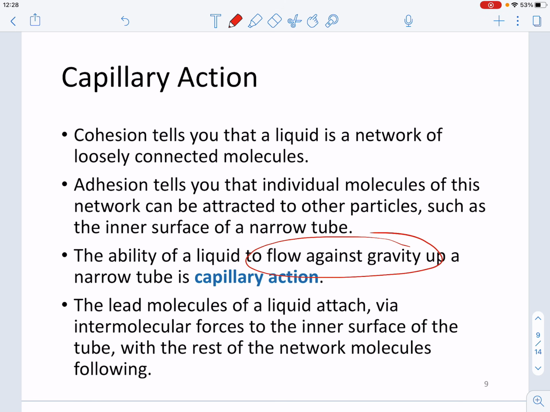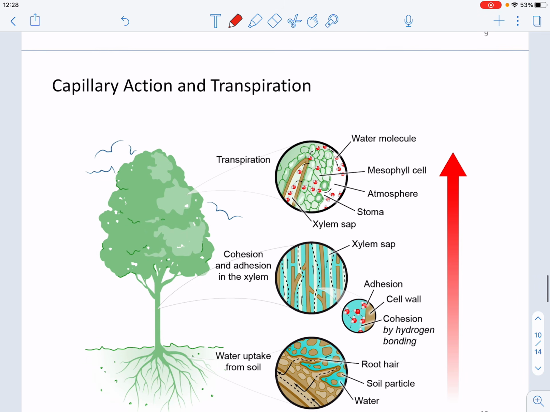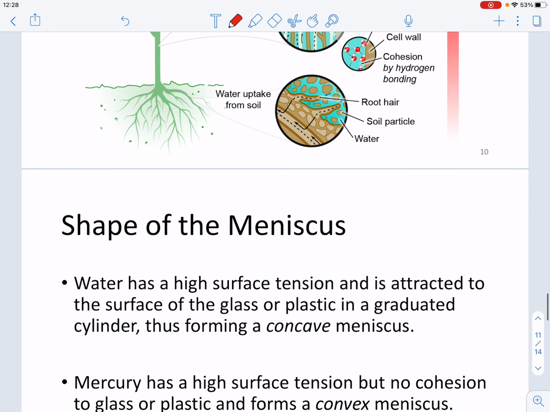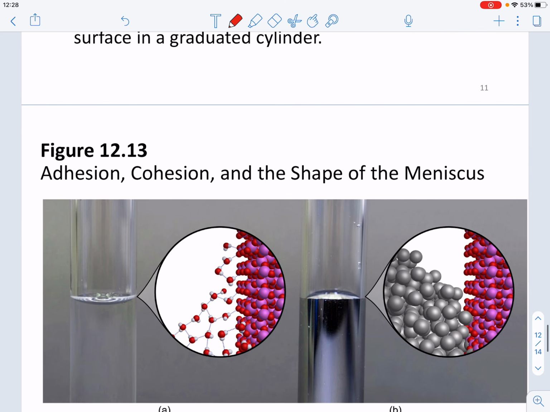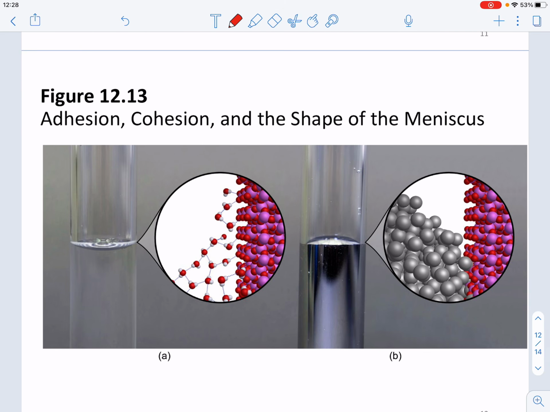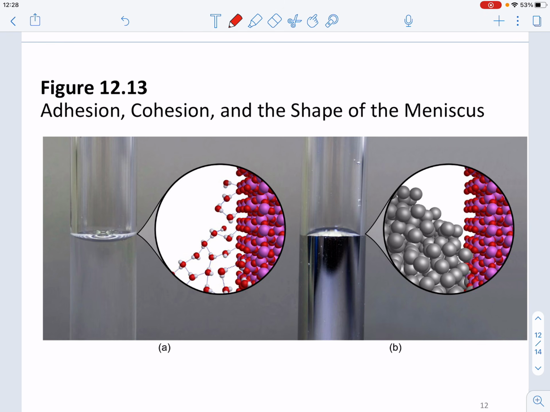But there are certain requirements, okay? It has to be a thin tube. And the reason for that, I'll come back to later. Yes, let's talk about this figure first. The thing is that through that tube, the molecules of the liquid are interacting with the surface of that tube, then depending on how strong those intermolecular forces, those adhesion forces are, it will make it easier for the liquid to climb up through that tube.